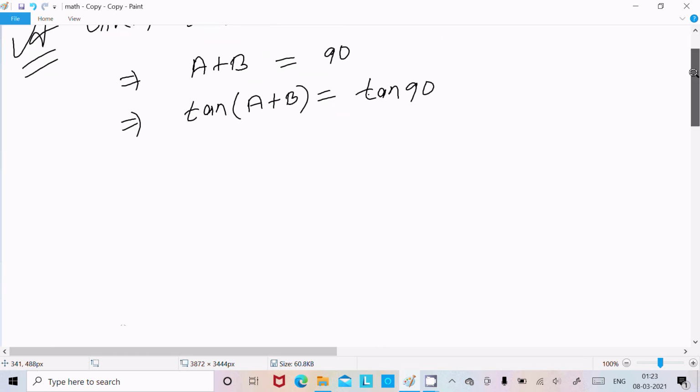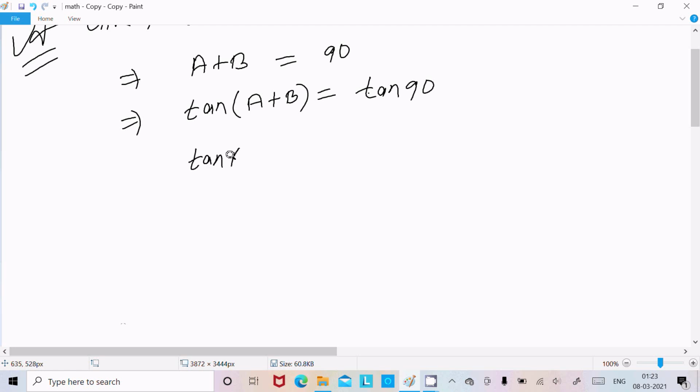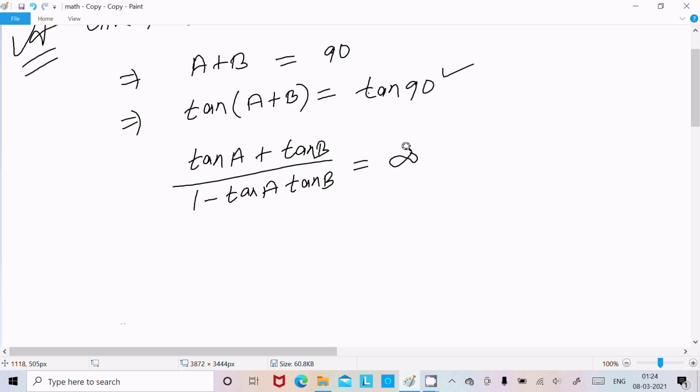Now I'm going to break this tan(A + B) on the formula basis. So here writing (tan A + tan B) / (1 - tan A tan B). Now here the value of tan 90 degree is infinity.